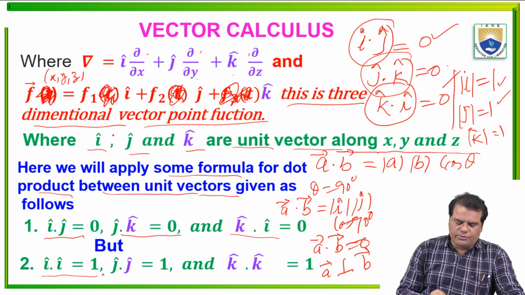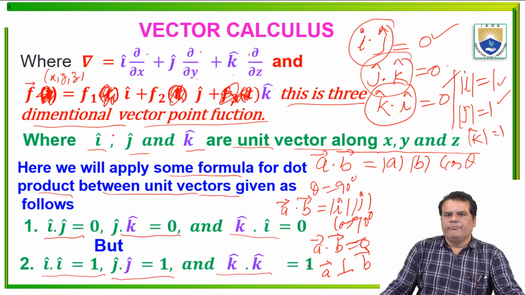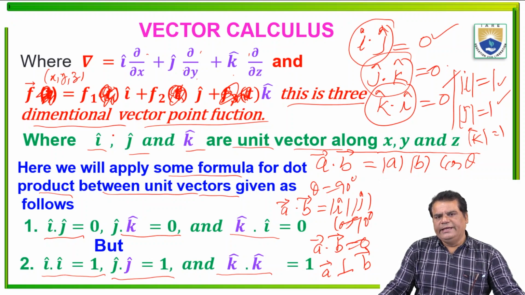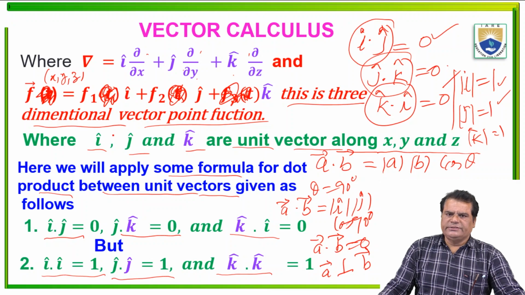So i dot i equals 1, j dot j equals 1 and k dot k equals 1, because the same vector has 0 angle between i and i. Both are the same, so there is 0 angle between the vectors. Theta is 0.